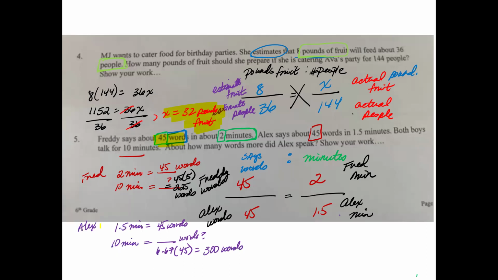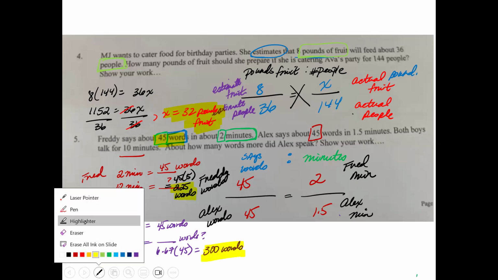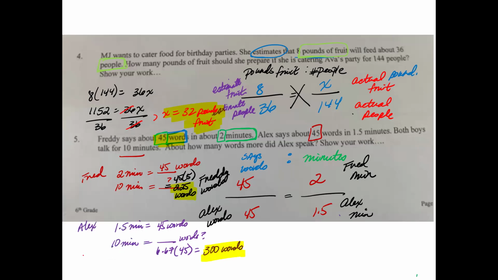Who spoke more words? Alex. Alex spoke more words in 10 minutes, right? What does the question ask you? How many more words did Alex speak? So what do we do with the 300 words that Alex spoke and the 225 words that Fred spoke? Yeah. Alex minus Fred.